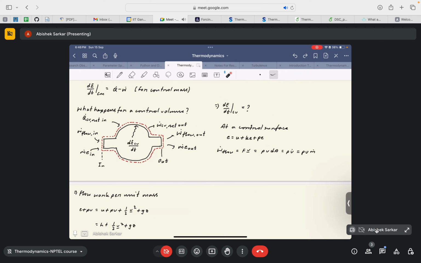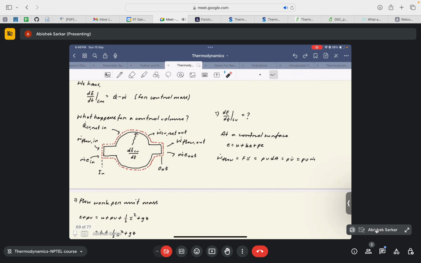so again, we discussed the first law of thermodynamics for a control volume, or in this case where there is a continuous inflow and outflow of mass through the given control volume.